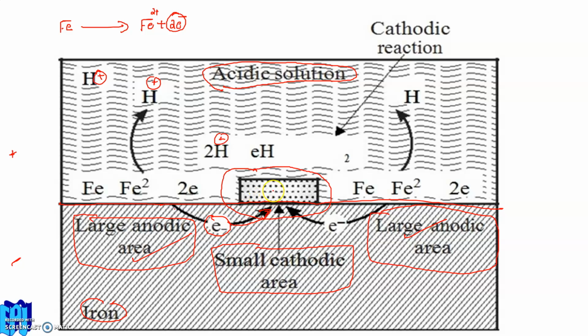In the cathodic area, I can see that this medium consists of some H+ ions. The 2 H+ ions take up the 2 electrons and produce H2. The Fe2+ undergoes further reaction and becomes rust, and hydrogen gas is evolved along with it. This is known as hydrogen evolution corrosion.